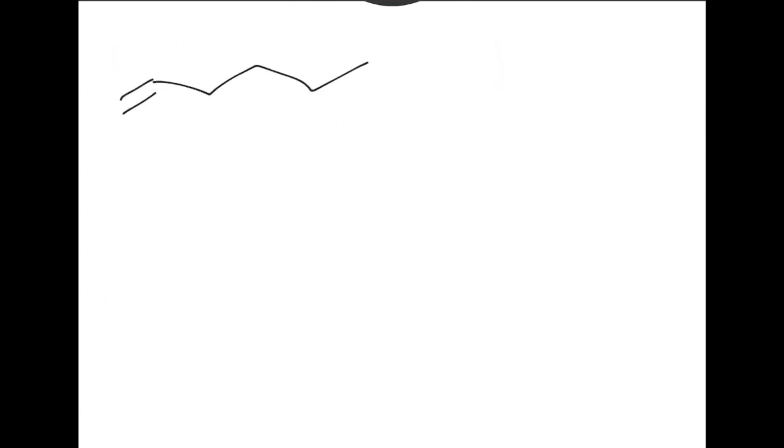So what if we have Grubbs 1 this time? What would we make here? We have both double bonds in the same molecule.